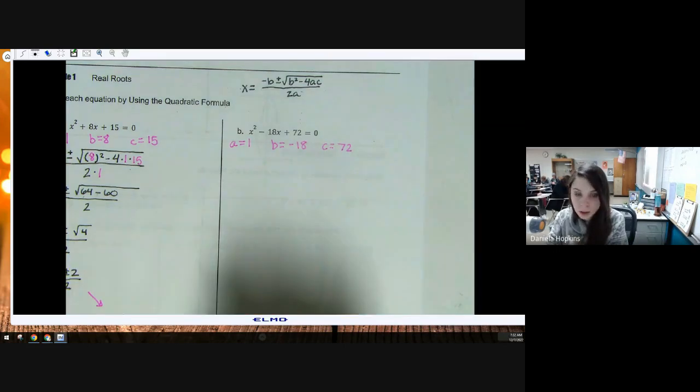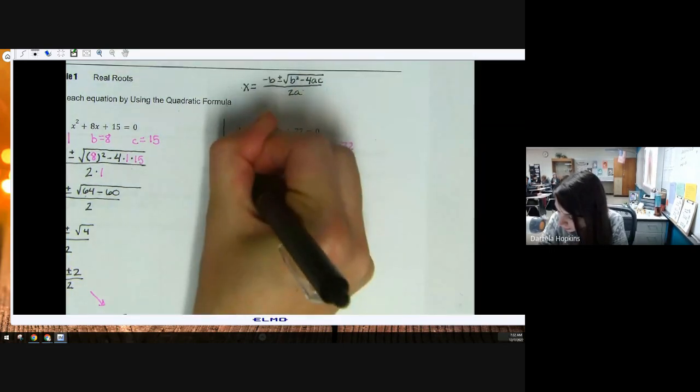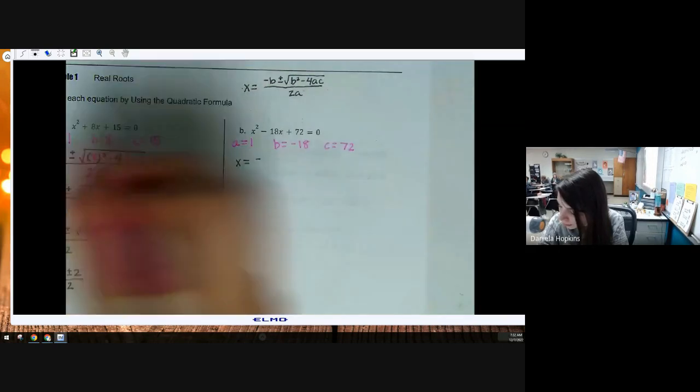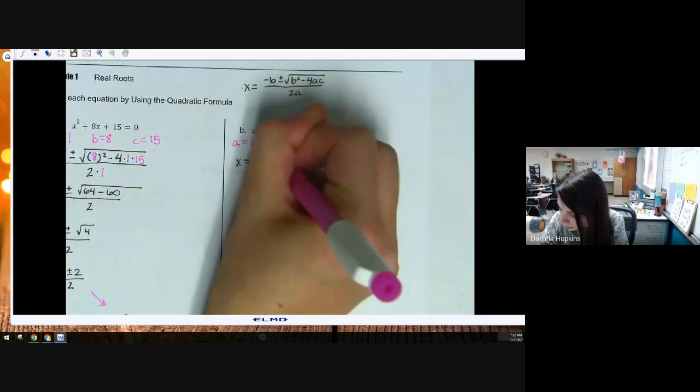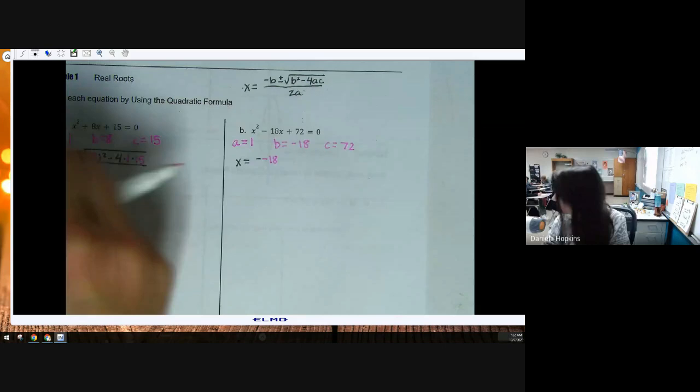I will continue to try and color code. So we'll have x equals negative, and then I plug in my -18. Notice I have a double negative there. We will clean that up in a second.